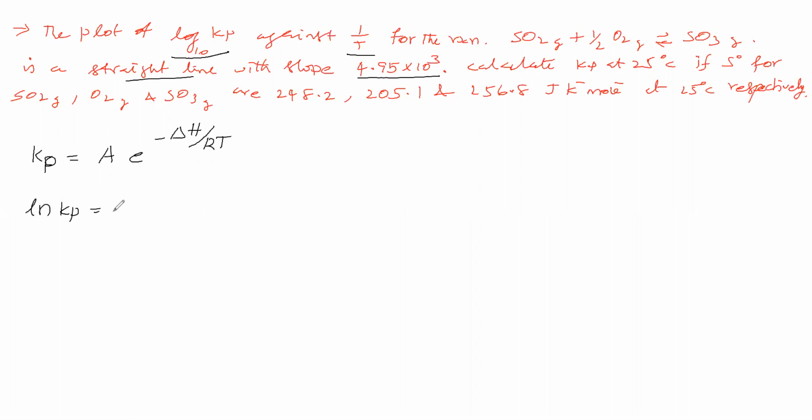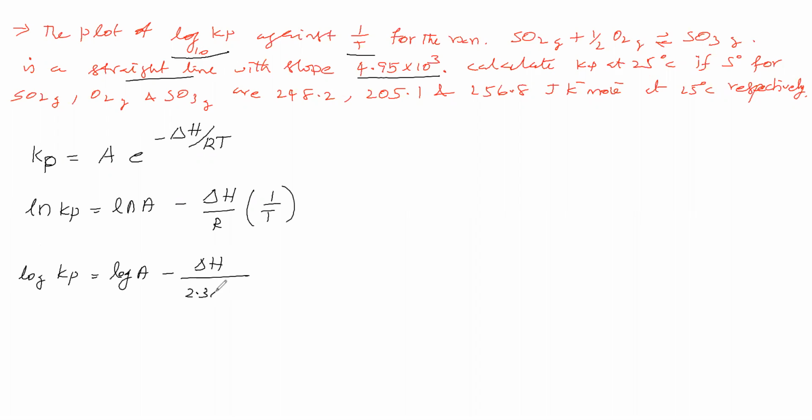Ln Kp is equal to ln A minus delta H by R into 1 by T. Now we convert this base e into base 10. So log to the base 10 Kp is equal to log to the base 10 A minus delta H by 2.303 R into 1 by T.